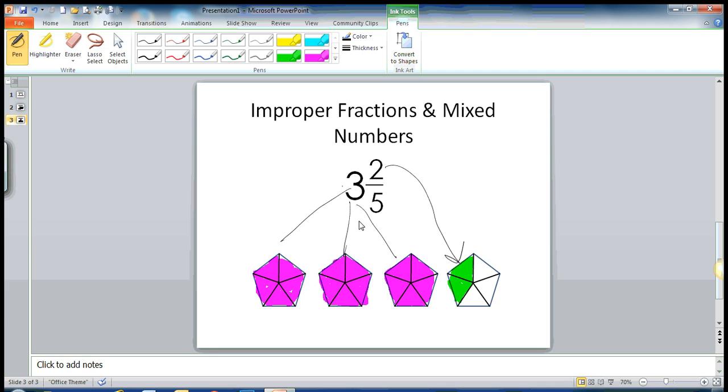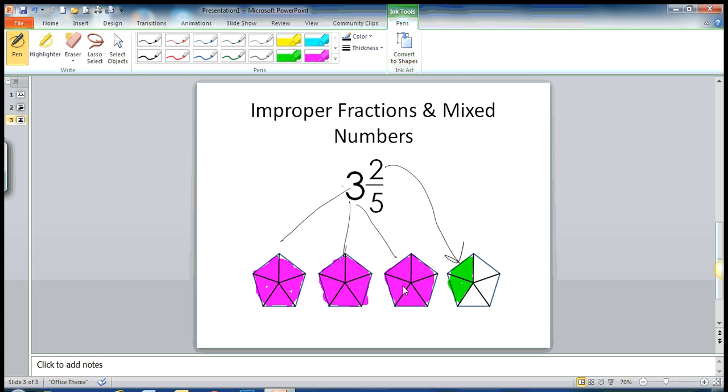In the first example, we showed how that improper fraction was equivalent to a mixed number. Now we're going to do the opposite. We're going to show how this mixed number converts or changes to an improper fraction. So we're dealing in parts and pieces. How many individual parts or pieces are shaded?